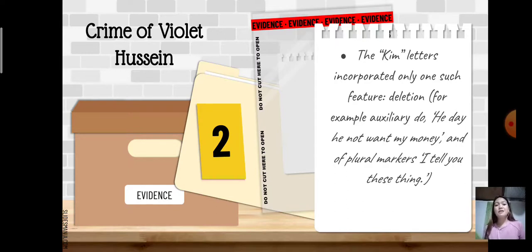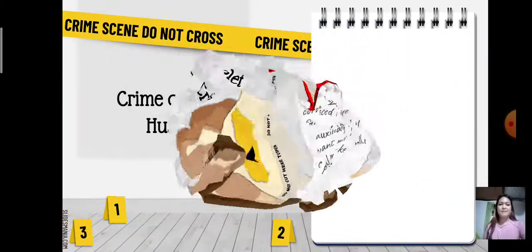So maybe the neighbors of Violet Hussein just said, maybe they won't find out, let's just delete some of the words or some of the letters. Maybe that is how they imitated the writings of Violet Hussein.